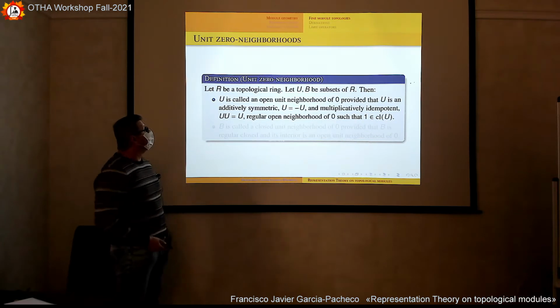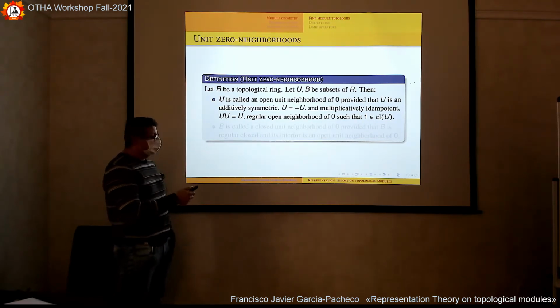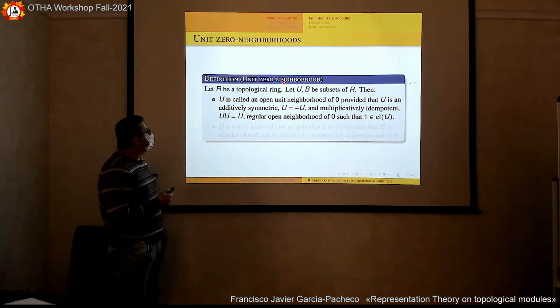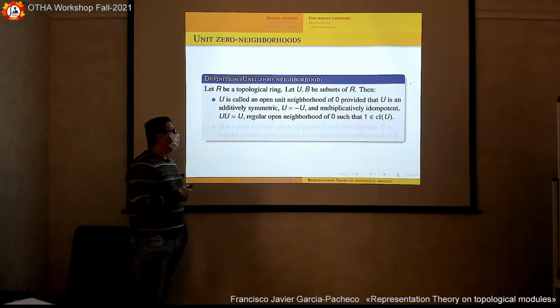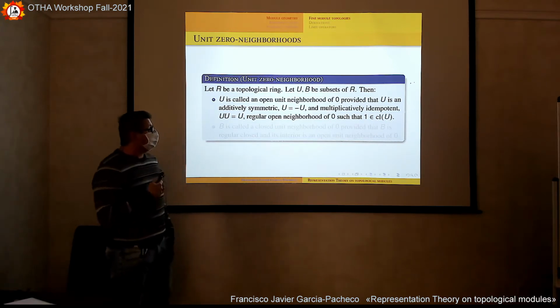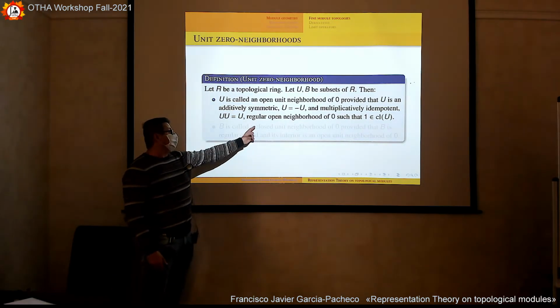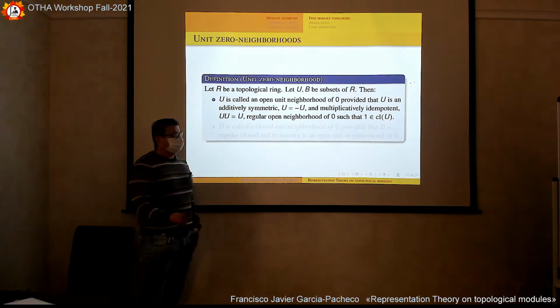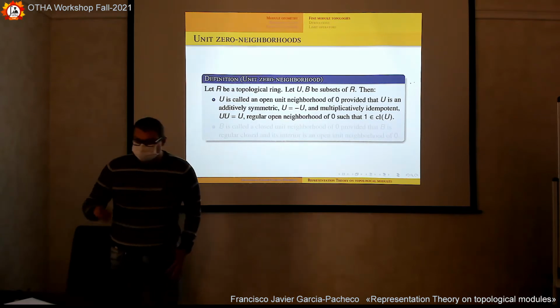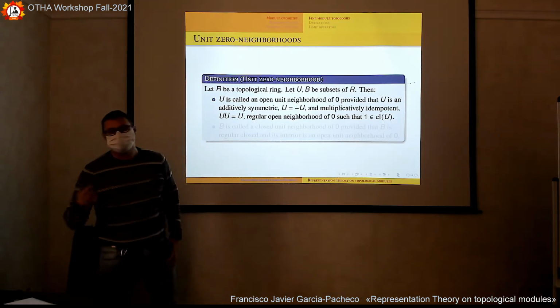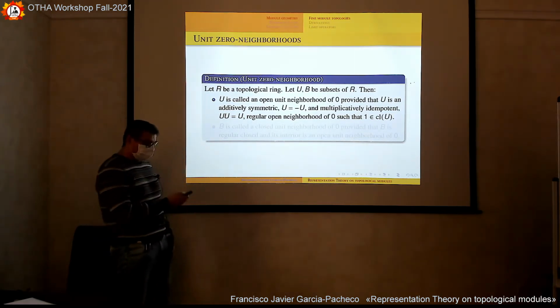So then we came up with unit zero neighborhood. So in a topological ring, U is called an open unit neighborhood of zero, provided that U is additively symmetric, multiplicatively idempotent, and a regular open neighborhood of zero, so that one is in the closure of U. Let me remind you that in a topological space, regular open means an open set which coincides with the interior of its closure.